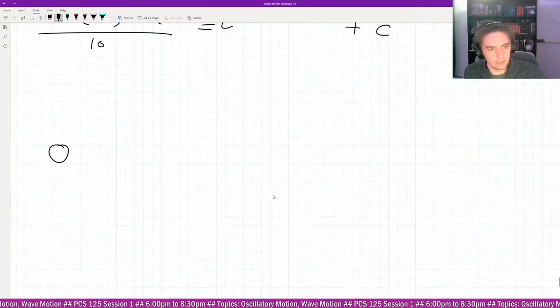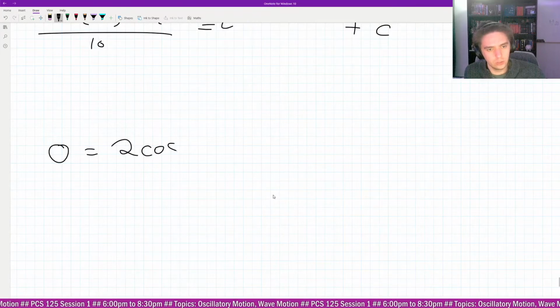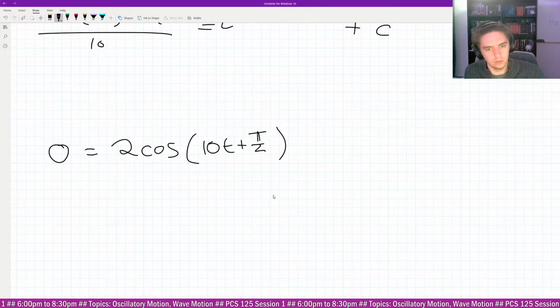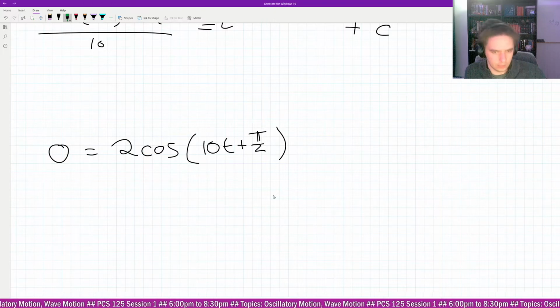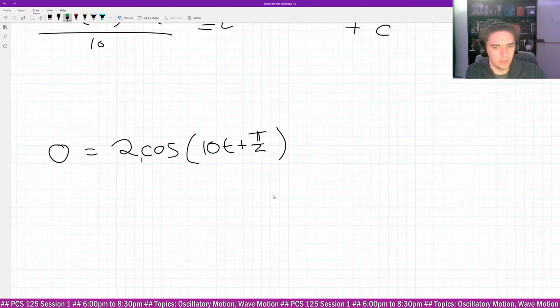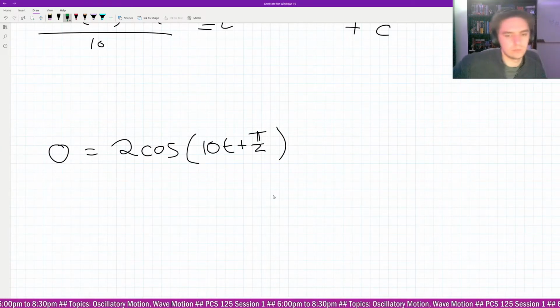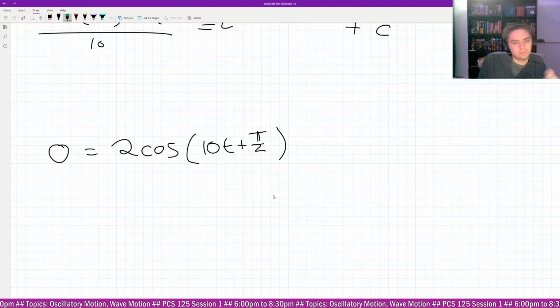If I say 0 equals 2 cos 10t plus pi over 2, well, how can this be equal to 0? 2 is never 0, so the cos has to be 0. So it would be with t equals 0.